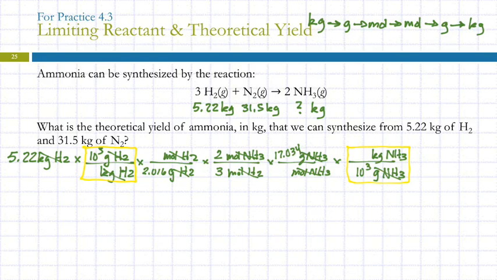Times, there we go. 29.4? Yeah. Thank you. There was a button that I thought I pushed that did not get pushed. I'm starting with 3 sig figs, so this is going to end with 3 sig figs. 29.4. Write down 2 extras. The unit is kilograms of ammonia. Okay?